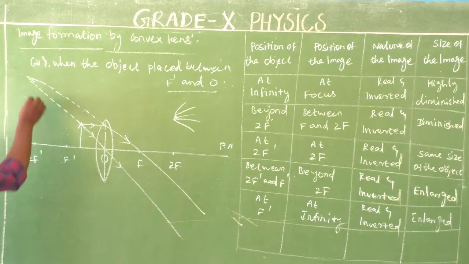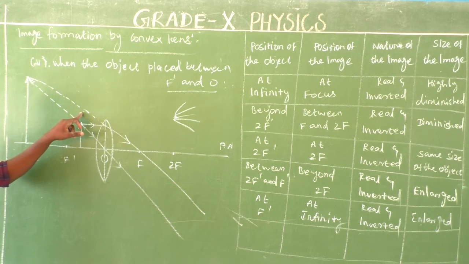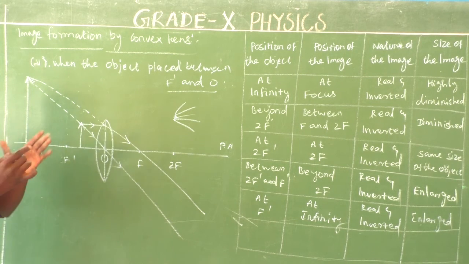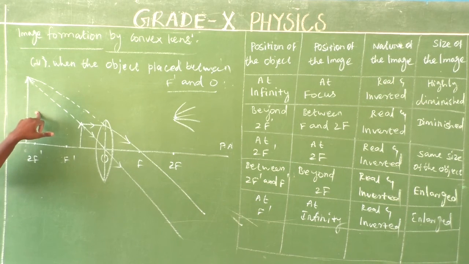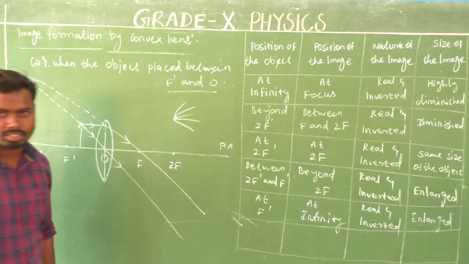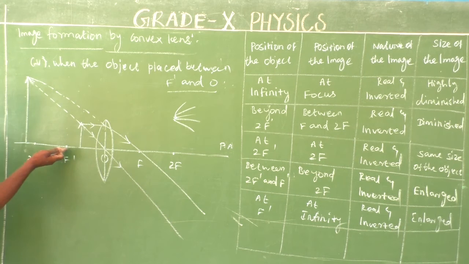So here there will be image formation. Is it clear? So very simple. Actually, the image is formed due to the extension of this refracted ray. So that image is a virtual image, because this image is formed above the principal axis. Can you see clearly? Yes.